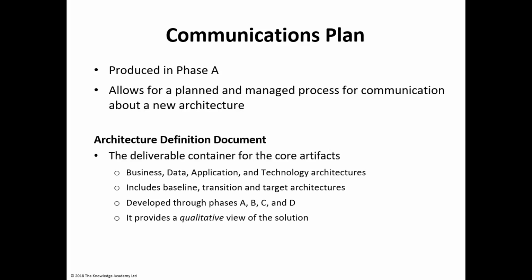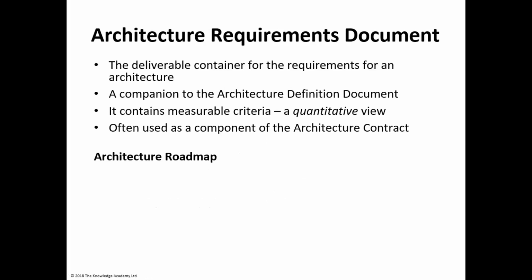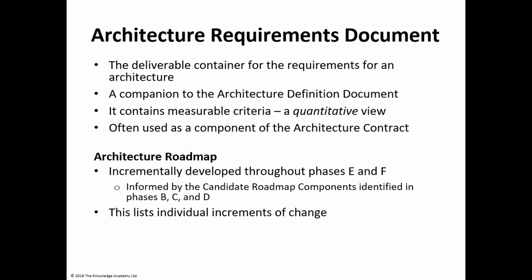Now we are into the architecture definition document. It provides a qualitative view of the solution, and there's something called the architecture requirements document that gives you a quantitative view of the solution. Got it? Which one gives you that? The architecture requirements document gives you a quantitative view.